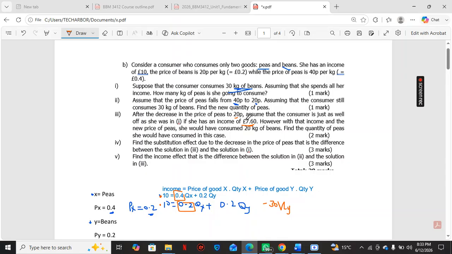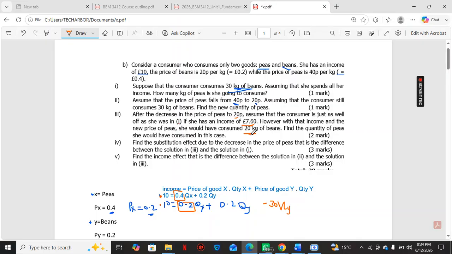So here the income has dropped from 10 to 7.6. If the income has dropped, the quantity of beans has also dropped.